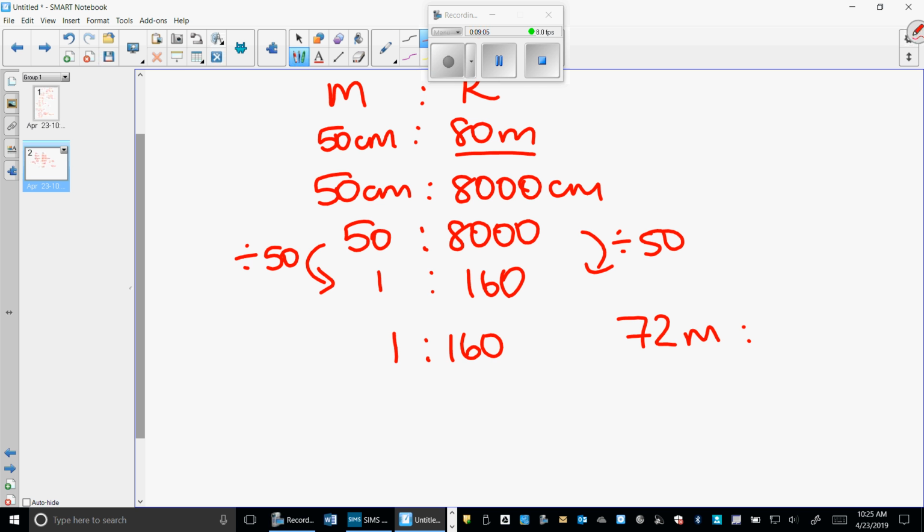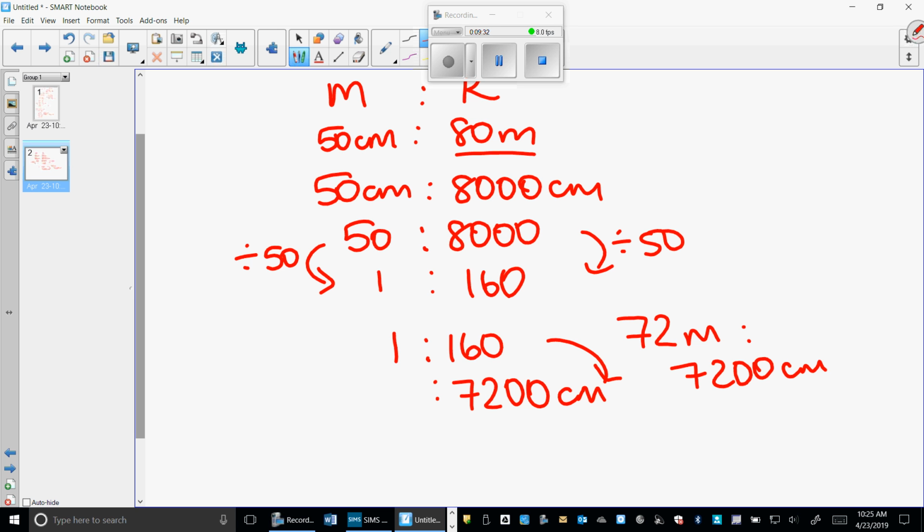So what would 72 meters be? Good. So I'm going to say this is now 7,200 centimeters. Are you with me and understanding my logic behind doing that? Yes? So then we say, how have we gone from being 160 to 7,200?